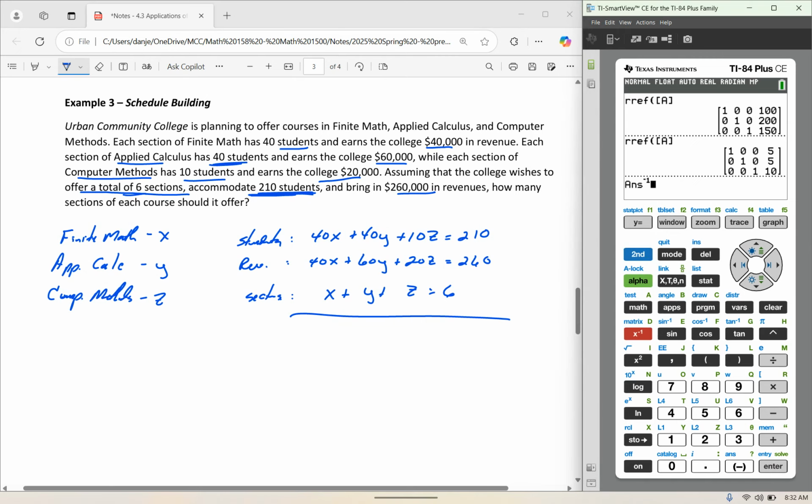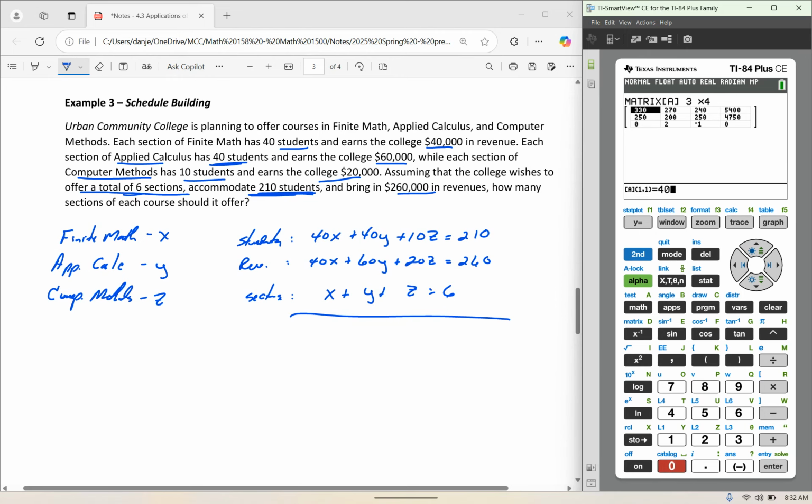second matrix. I'm sorry, that's not what I want to do. I want to go to second matrix. I want to edit my matrix A again, still a 3 by 4. We have 40x plus 40y plus 10z equals 210.